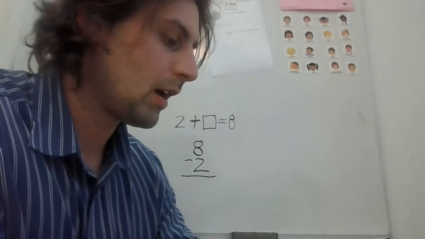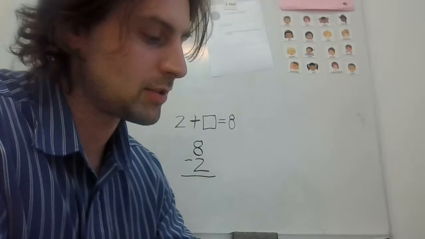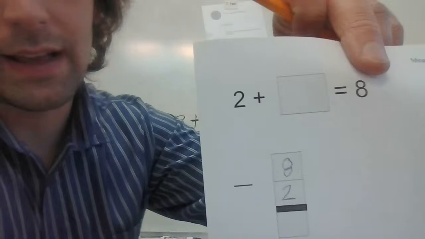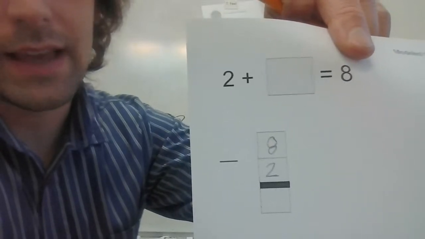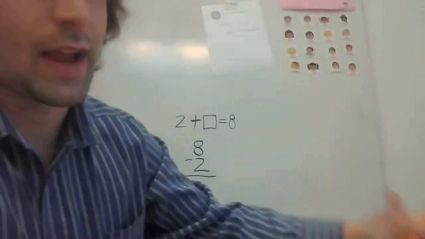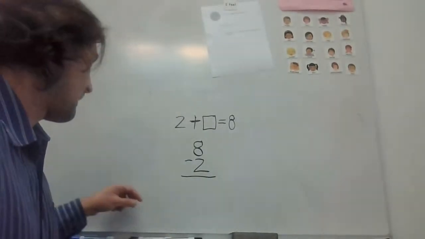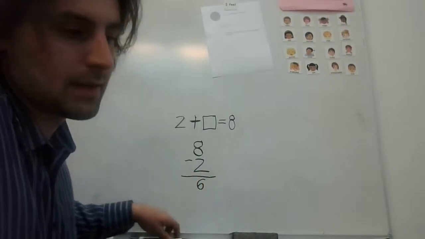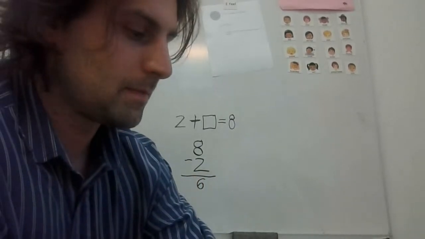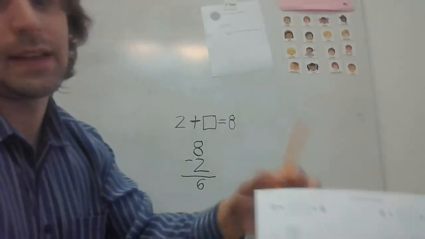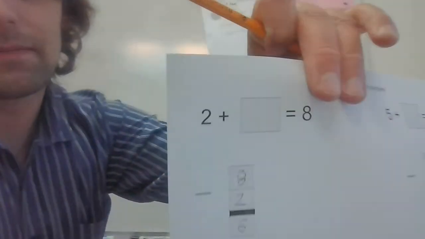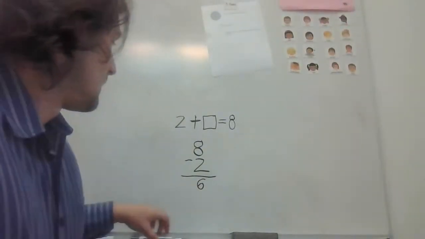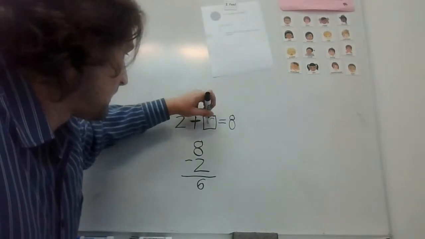If you're following along on your paper, on your assignment, if you're one of my students and this is an assignment, this right here is what it should look like on the assignment. Set up the subtraction problem. Now we have to subtract 8 minus 2 equals 6. Again, this is how it's going to look on the sheet. So the missing addend is 6.